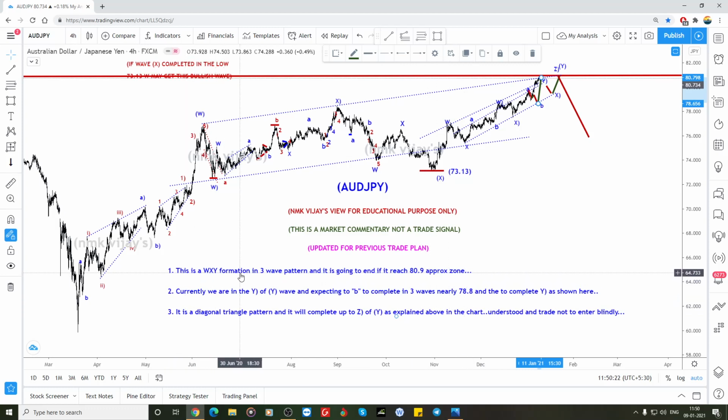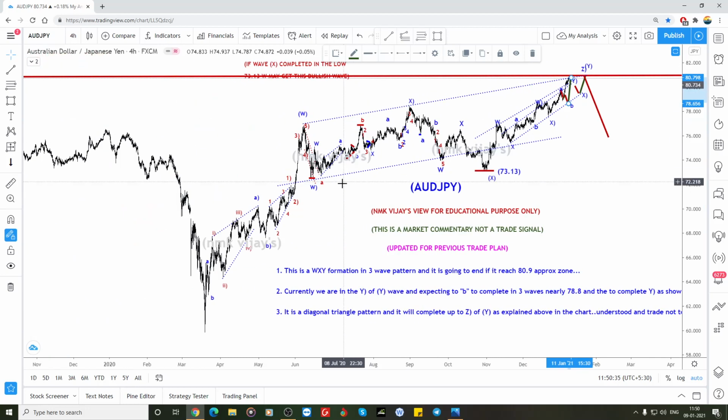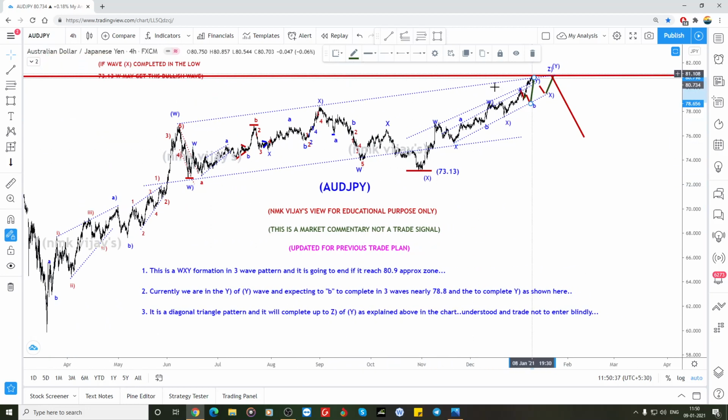This is a WXY formation in a three-wave pattern, and it is going to end if it reaches that 80.9 approximate zone. It already did exactly 80.926. So this is the power of Elliott waves, as well as the technical tools you need to use.